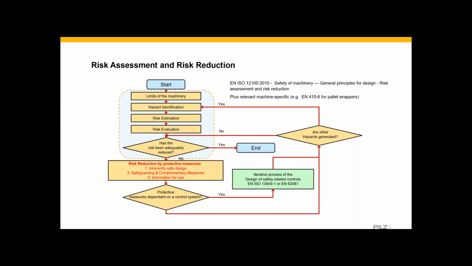And then we have information for use. If a protective measure is dependent on a control system, such as interlocking, then we'd look at either 13849 or 62061 to see how we would design that. And for the purpose of this webinar, we'll really focus predominantly on 13849.